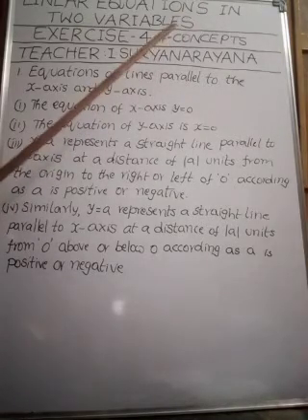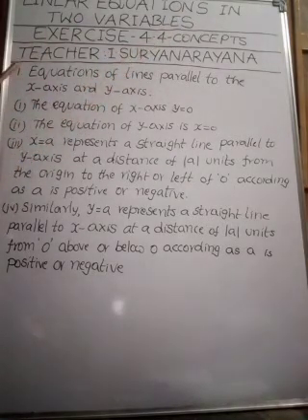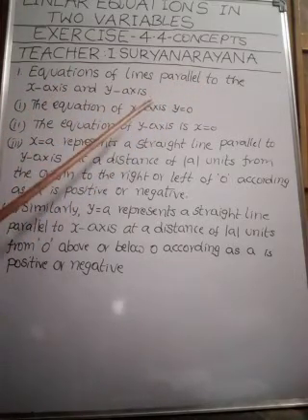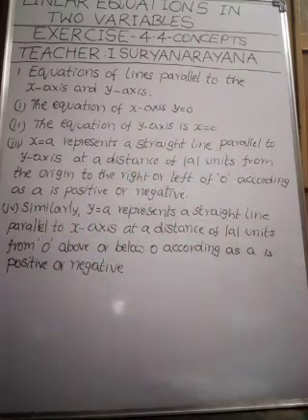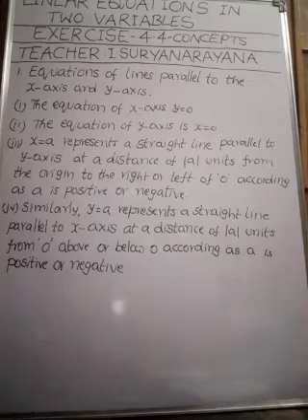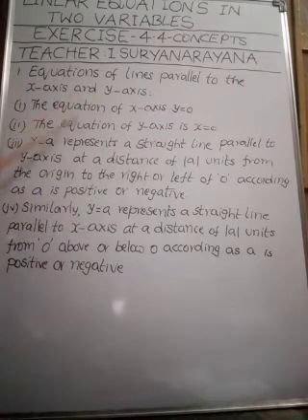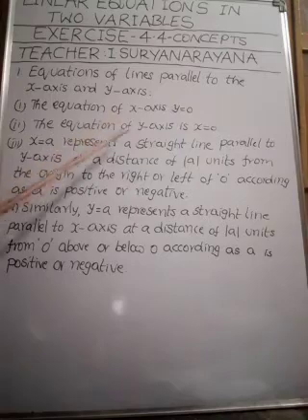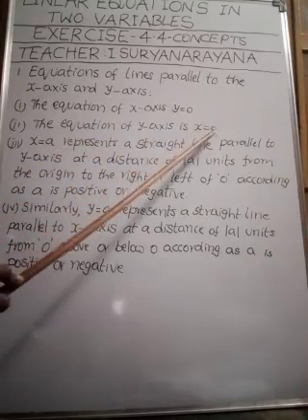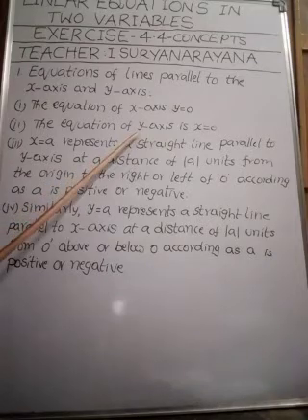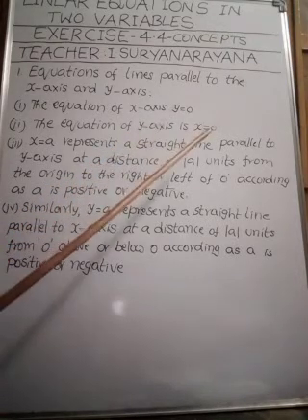Right. See the concepts of this exercise 4.4. Equations of lines parallel to the x-axis and y-axis. What are the equations of lines which are parallel to the x-axis and y-axis? We are discussing this point here. See the first point. The equation of the x-axis is y is equal to 0. Okay, my children, remember these points. The equation of the y-axis is x is equal to 0, because the x-coordinate of every point on the y-axis is 0.